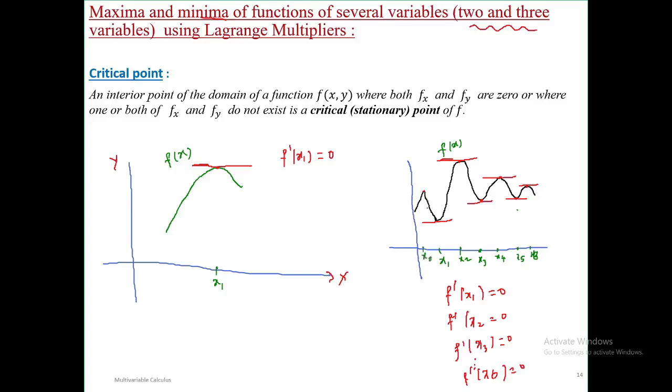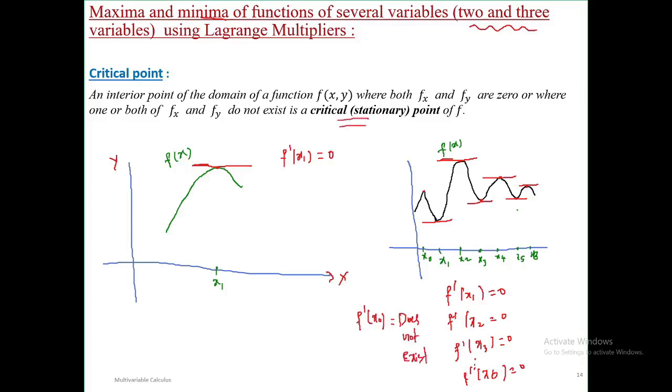At x0 the derivative does not exist. That means f dash at x0 does not exist, because it is a sharp peak. Therefore such kinds of points are said to be critical points.